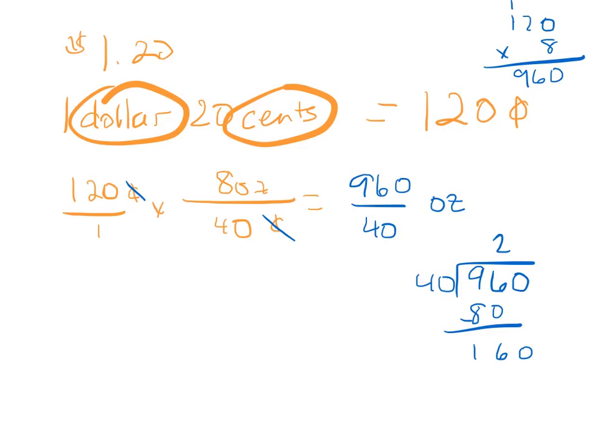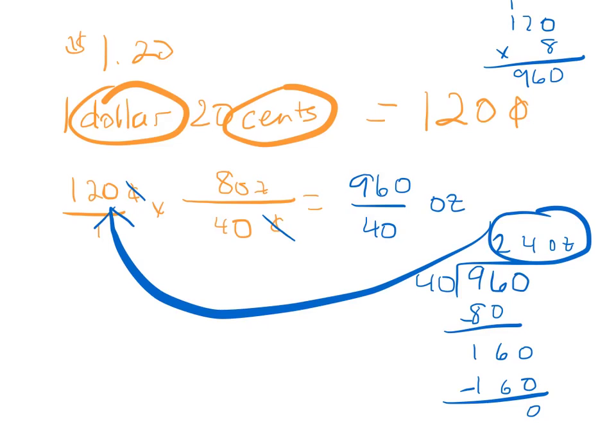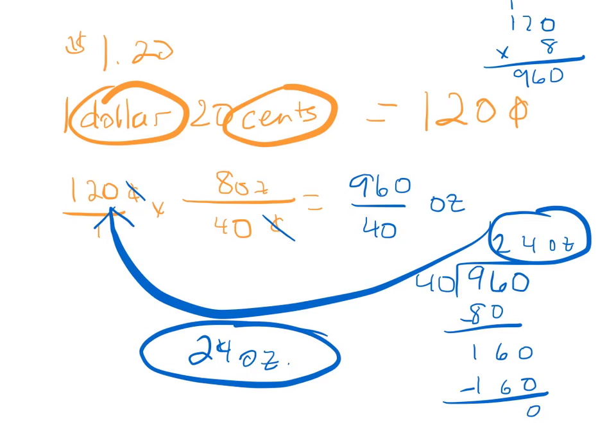That'll be 16, 40 will go in there 4 times. That'll be 160, so 24 ounces. So if I have $1.20, I can buy 24 ounces of solution.